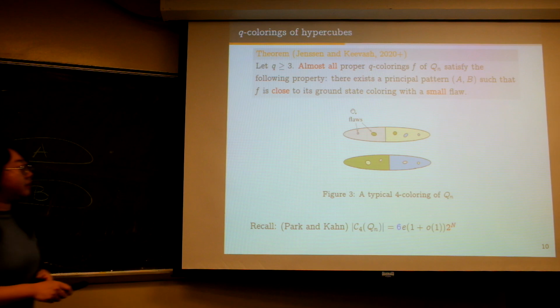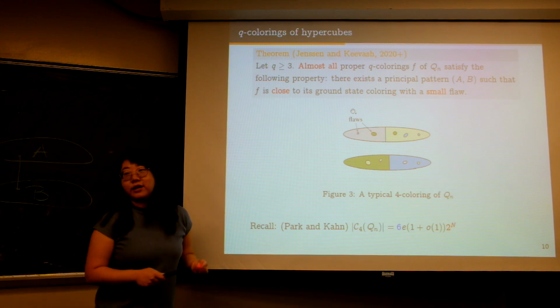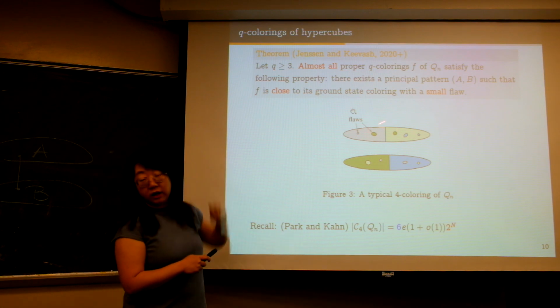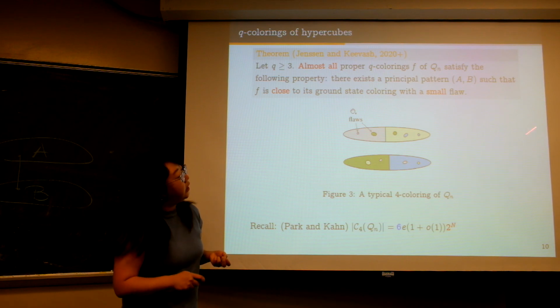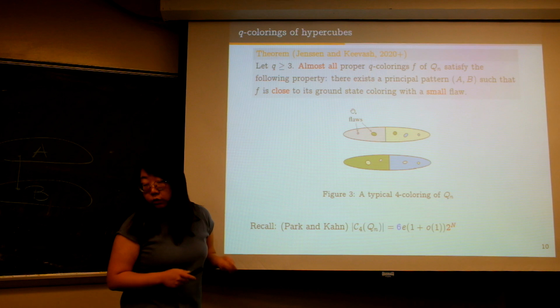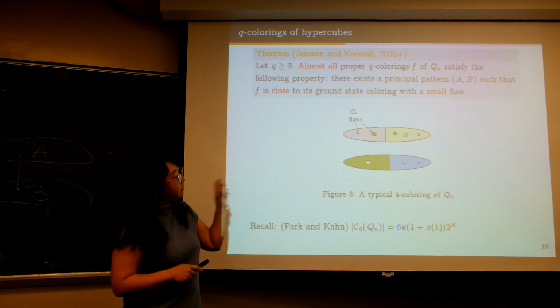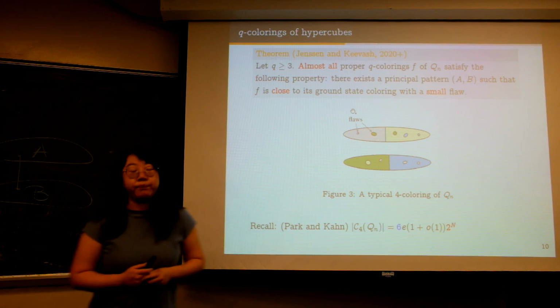Here is a very simple picture: a typical 4-coloring of the hypercube. You will see for the top part, most of the vertices get the pink and yellow colors, and for the bottom part, most of the vertices get the green and blue colors. Of course, there are some tiny flaws there, but typically those flaws are really, really small.